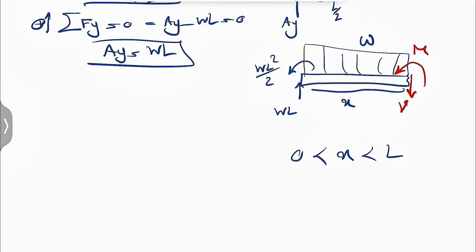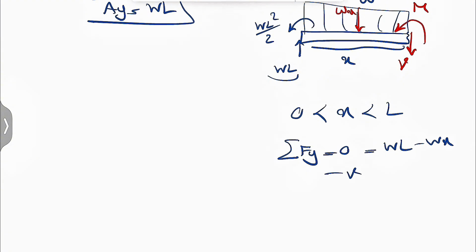Let's start with our shear force. So we're going to do sum of all forces in Y equals 0 again. What we have is WL, the reaction at A. We have our distributed force, again at the middle point, WX, so negative WX, and we have negative V equals 0, which means our V is basically, if we factor, W times (L minus X) for the equation.